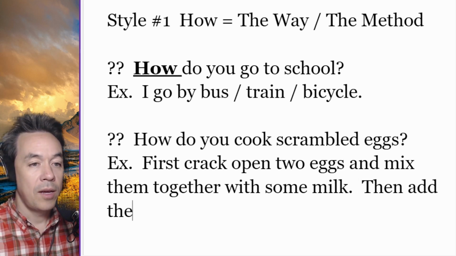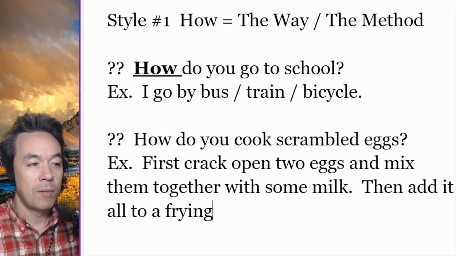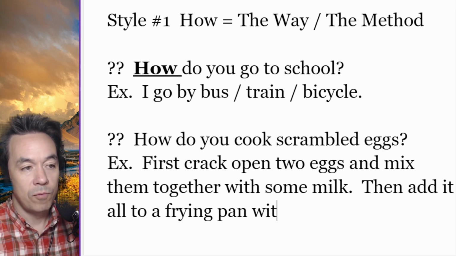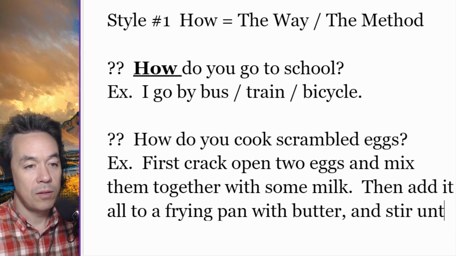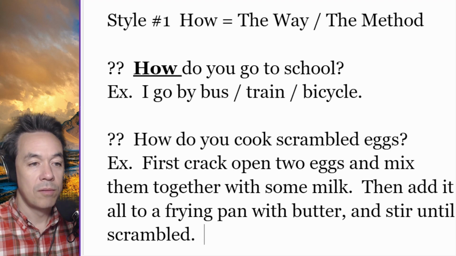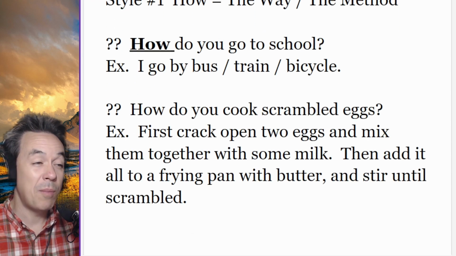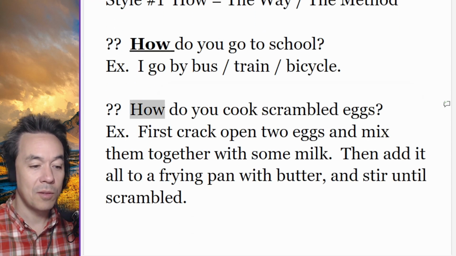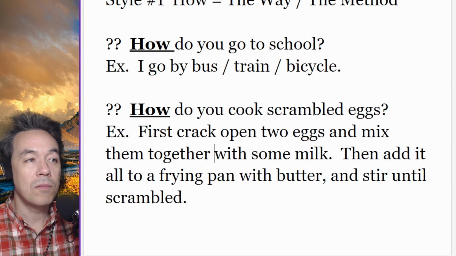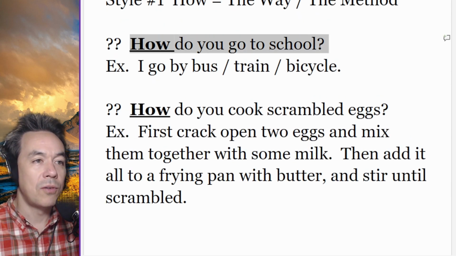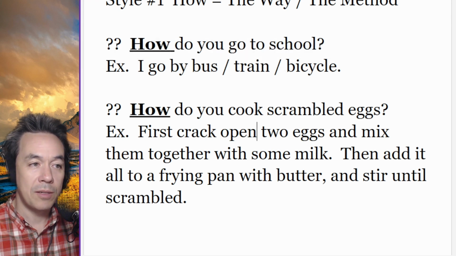Then add it all to a frying pan with butter and stir until scrambled. All right, so this question you probably would not see in a textbook because it's too complicated. Okay, so yeah, this is very simple. How do you go? Train, bus, bicycle.